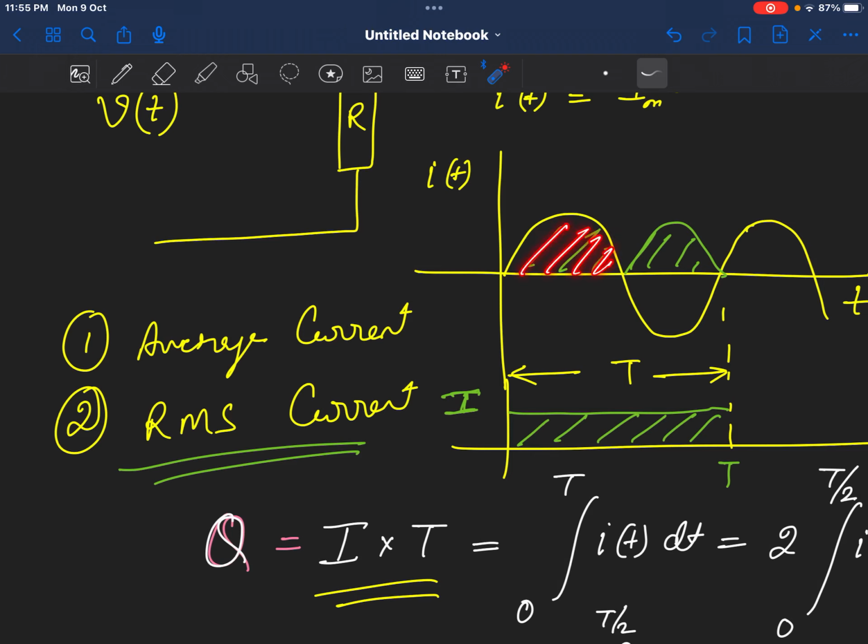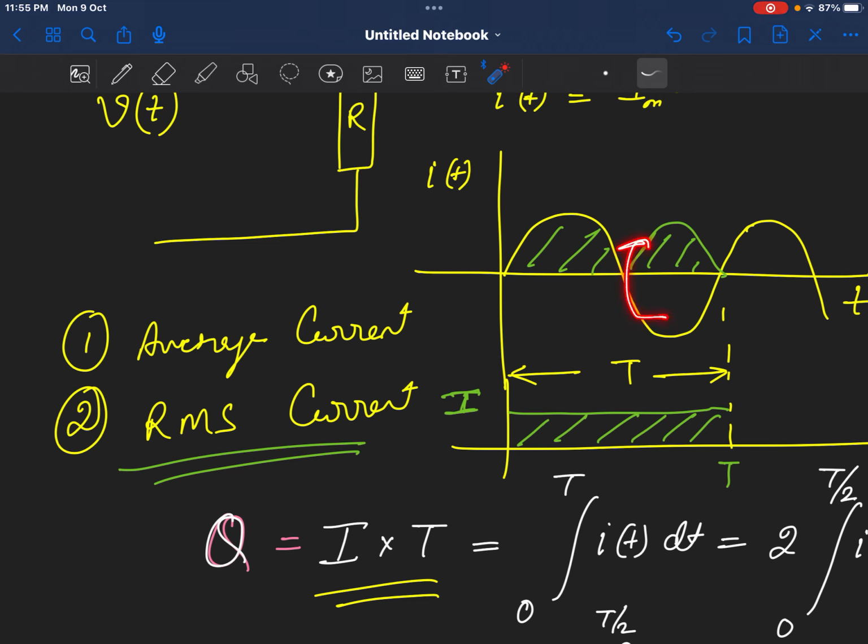So average current is the amount of charge transferred during one time period. Since the positive charge is equal to the negative, it cancels out to 0.